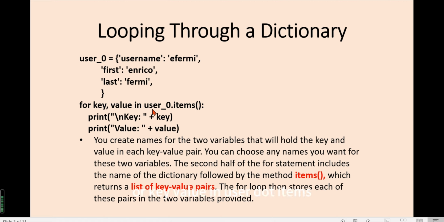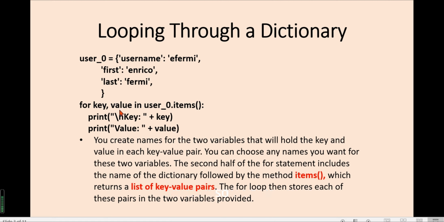For key, value in user.items(), then we'll get a list of key-value pairs. So here, in the for loop, we can print "Key: " and the key, and print the value, concatenating the string with the value.